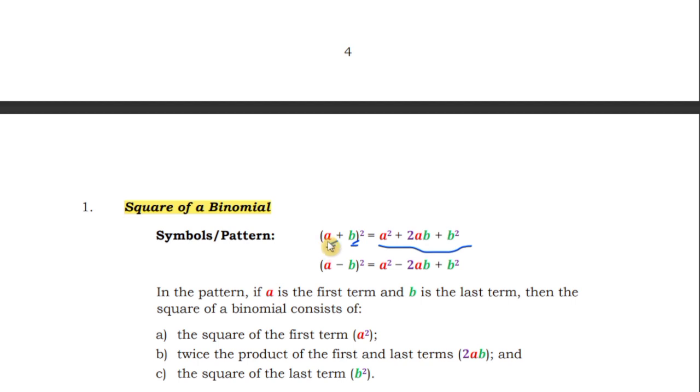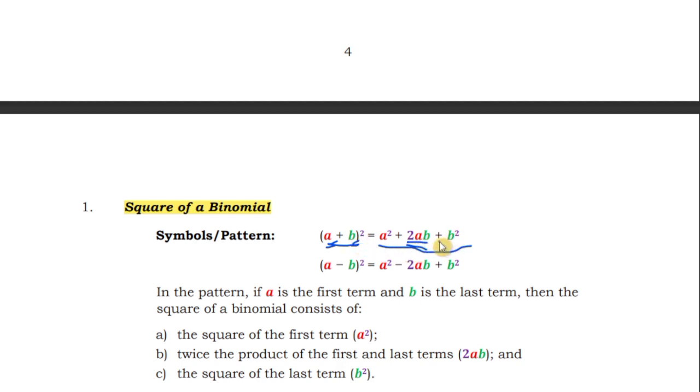So we are going to square the a. Then to get the middle term, or the second term, we're going to get the product of the first and the second term, and then double it, so we have twice the product.